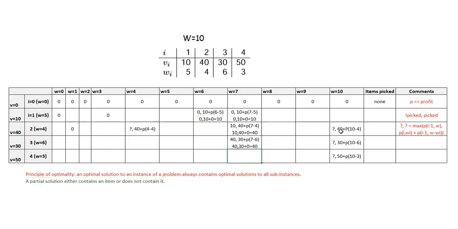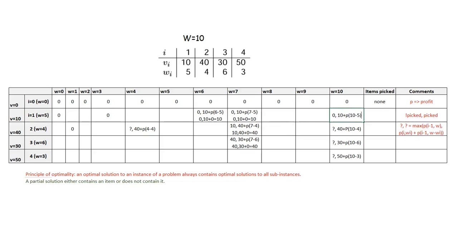Next we are going to resolve this one because again here we have a question mark. Until we resolve this one, we cannot have solution for these ones. So to get a solution for the one above, again we put 2 question marks. If we do not pick up the item, of course the solution would be the one above, which is 0. Next, profit plus profit from the remaining weight, which is 10 minus 5.